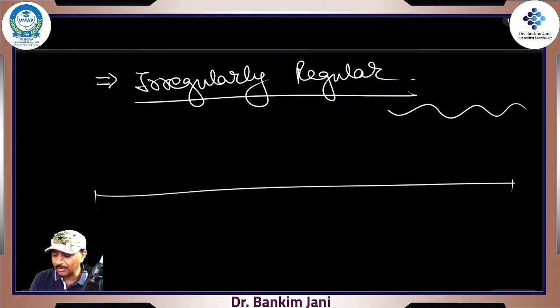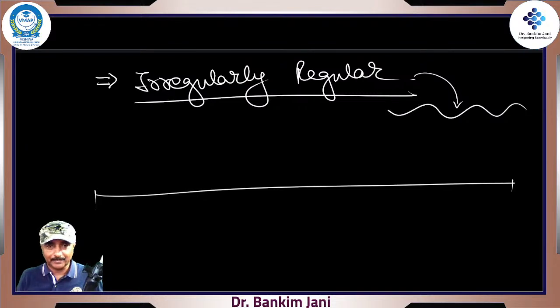This is normal. This is regular, right? So how would irregularly regular look? Try to draw and then I'll draw. 10 seconds and then we'll draw. You need not be very artistic, but just do it, right?